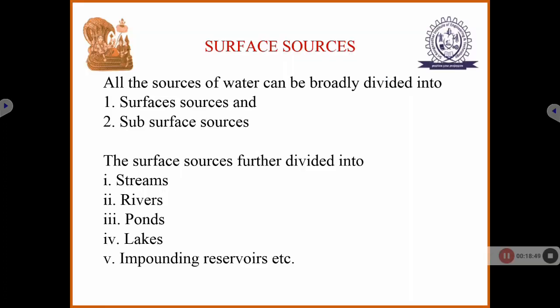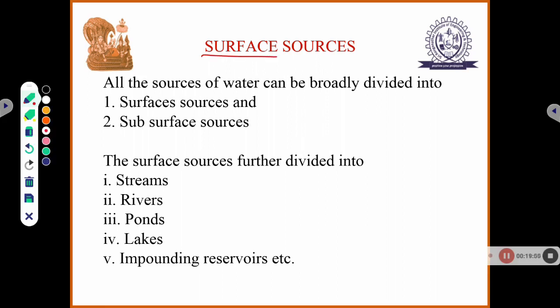The last topic of this session is surface sources. There are two types of sources available on the earth: surface sources and subsurface sources. Surface sources are available on the surface of the earth, and we can take water easily from them. But subsurface sources are available below the ground surface.